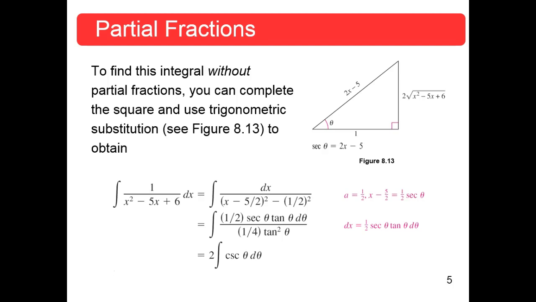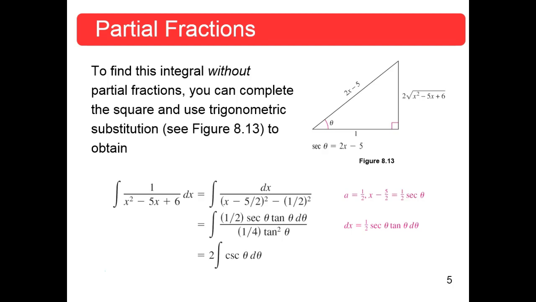So you added 25 fourths, and you subtract that from 6, which is 24 fourths. Oh yeah, one half squared, okay. It gave you 1/4, minus 1/4, okay.